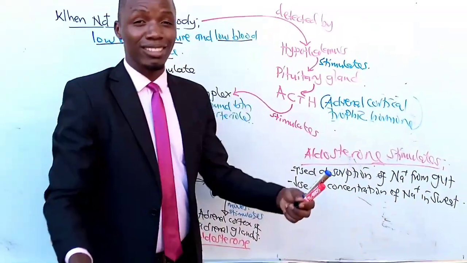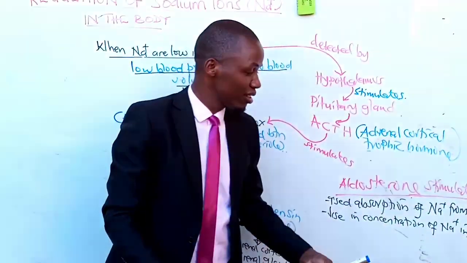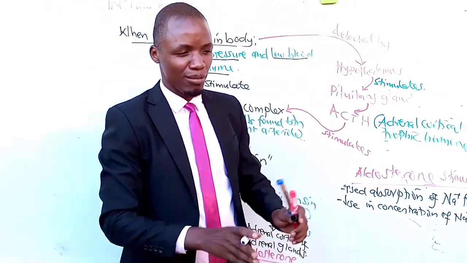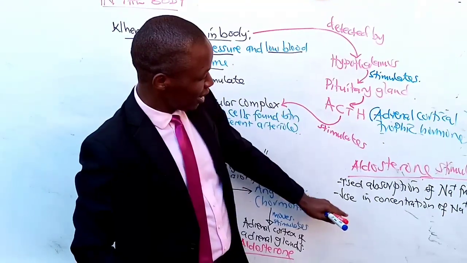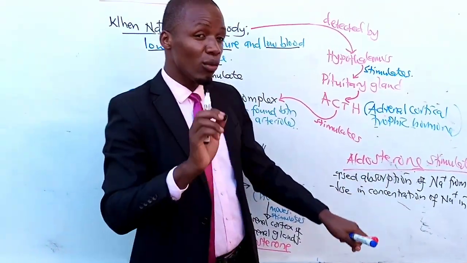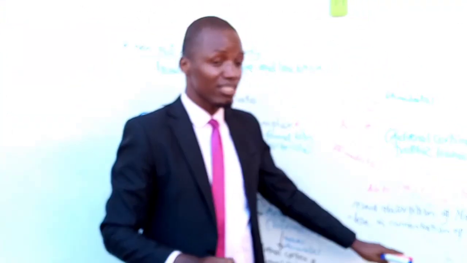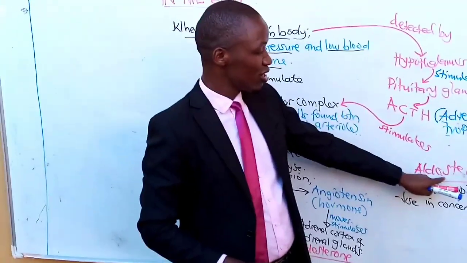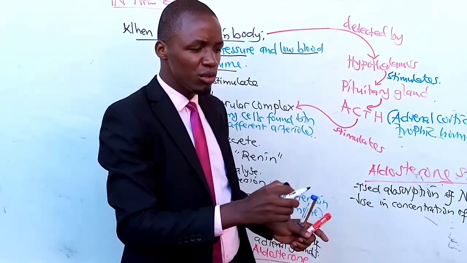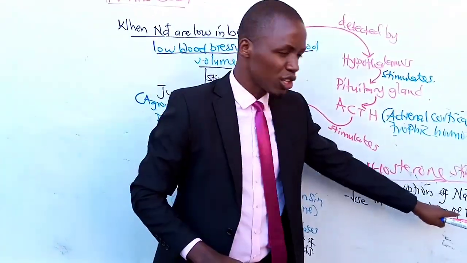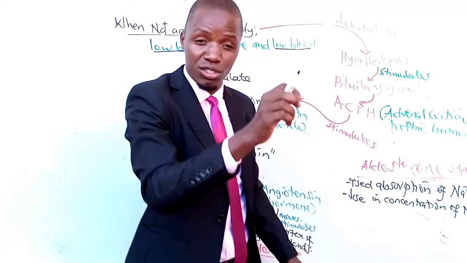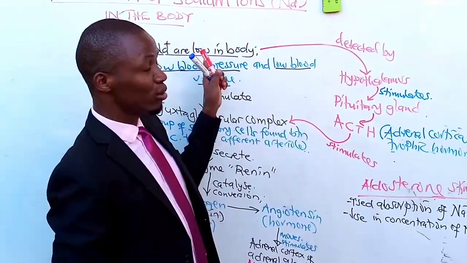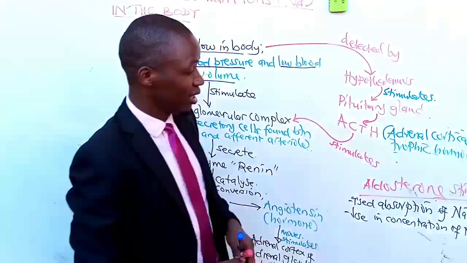You know, when you are sweating, some of you bear me witness, if you have ever tasted your sweat, it is somehow salty. Why is it tasting like that? Because it has got these ions, the sodium ions, the chloride ions, and so on. So once aldosterone is produced, it ensures that we have less of the sodium ions in that sweat. Remember, we don't need to lose the sodium ions, because we have got a low amount in our bodies.